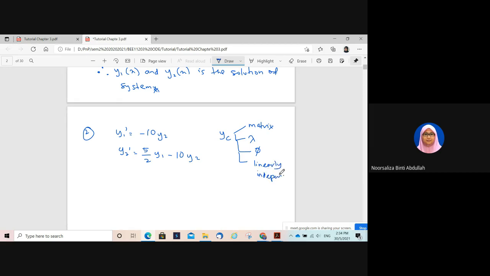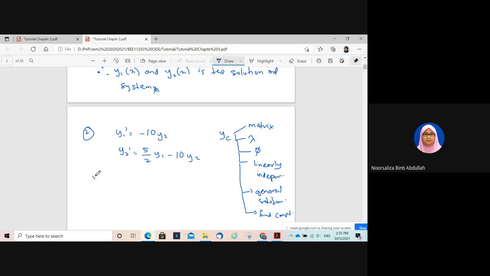And then you can get the general solution. If you are given the initial condition, then you have to find the constant value. Now we arrange this one into a matrix form.